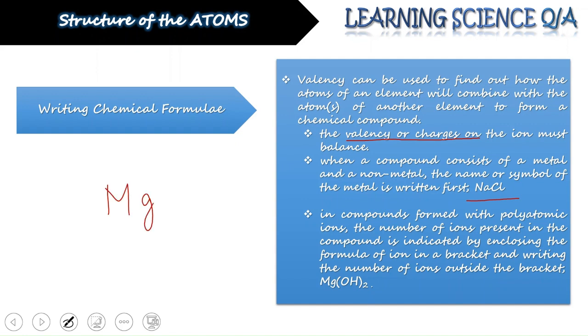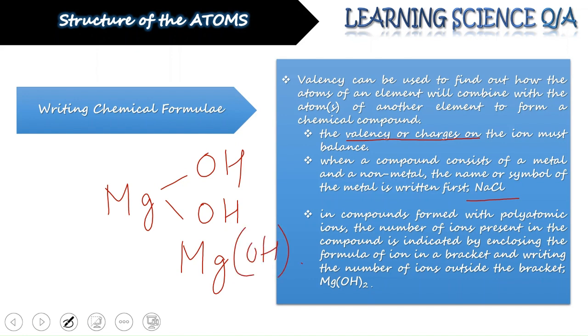So magnesium is basically combining with the two OH molecules, right? So while writing the formula, we will just write OH in the bracket like this. And this signifies that two OH are combining with one atom of magnesium.